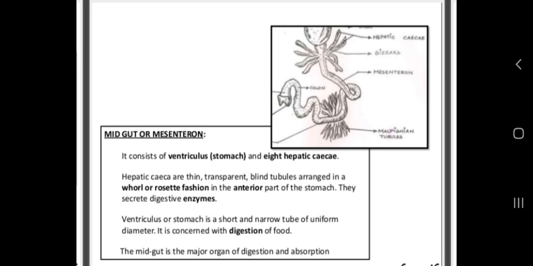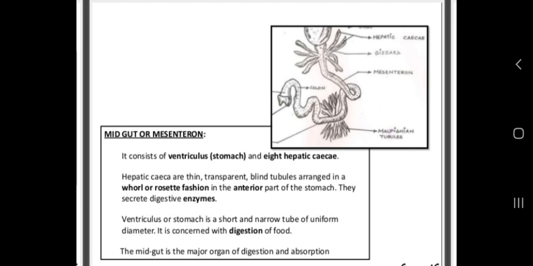These are equivalent to the liver and pancreas of higher animals. They are arranged in a ring or whorl or rosette fashion at the anterior part of the stomach. They secrete the digestive enzymes.